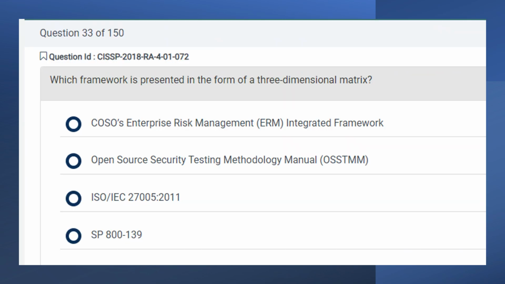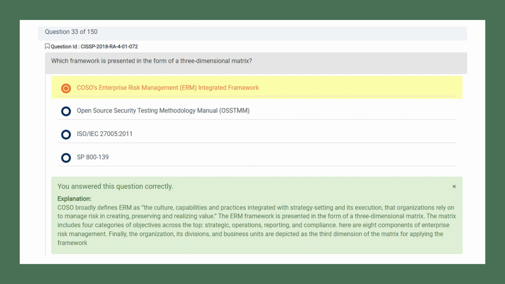Question 33. Which framework is presented in the form of a three-dimensional matrix? COSO broadly defines ERM, or Enterprise Risk Management, as the culture, capabilities, and practices integrated with the strategy setting and its execution that organizations rely on to manage risk in creating, preserving, and realizing value.